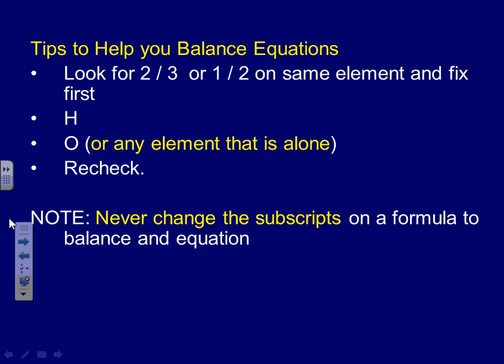So you're going to have this 2-3 scenario, which is really hard to balance, because how do you make a 2 become a 3? Well, when you get a 2-3 situation, an easy trick is to swap the number: multiply the one that's a 3 by 2 to make 6, and multiply the one that's a 2 by 3 to make 6.